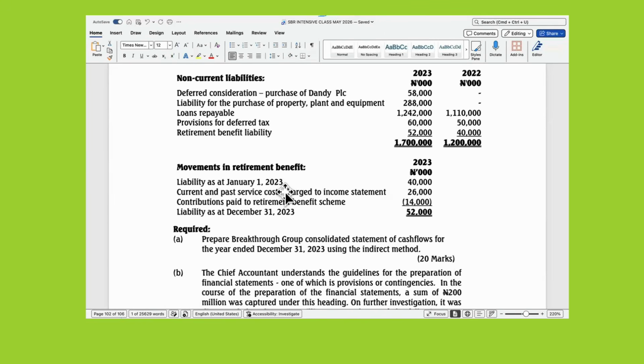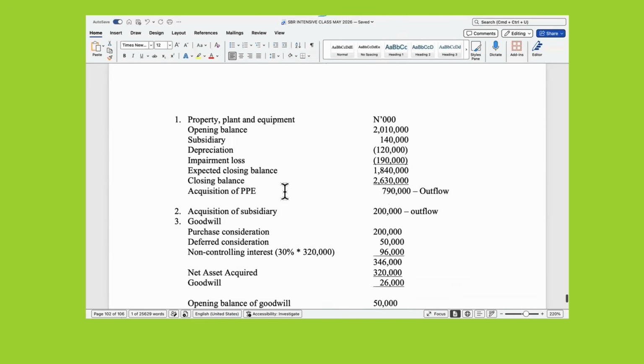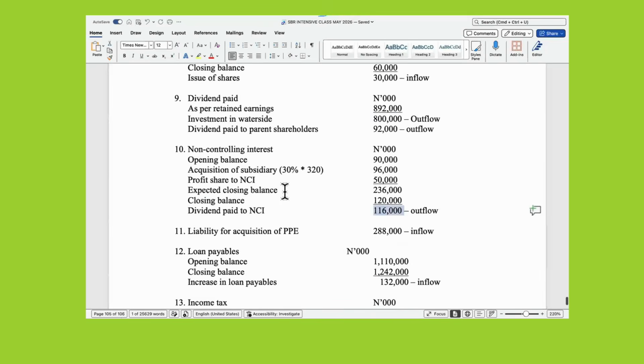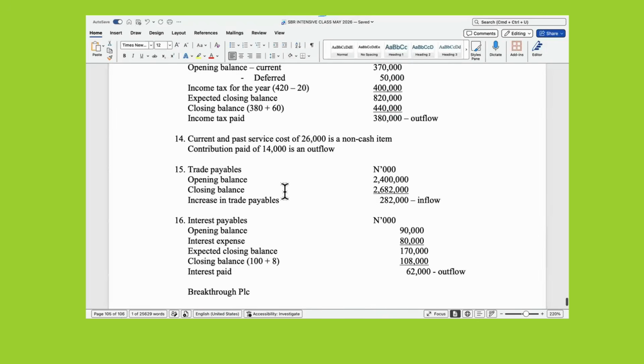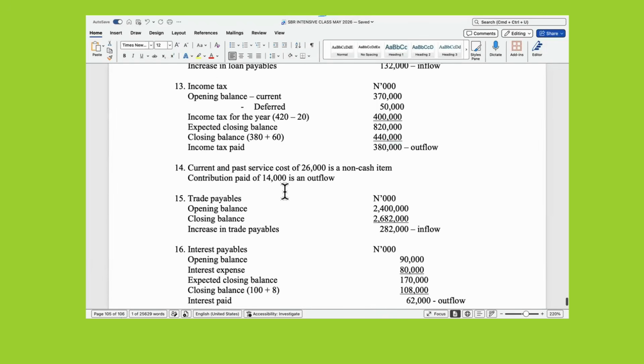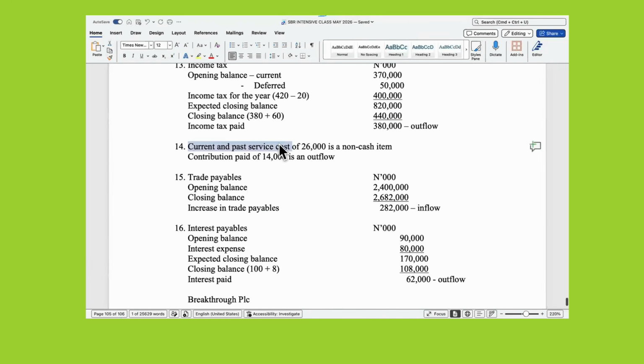The current and past service costs of 26 are non-cash, so there's nothing we can do to that. The contribution paid is an outflow coming as operating.